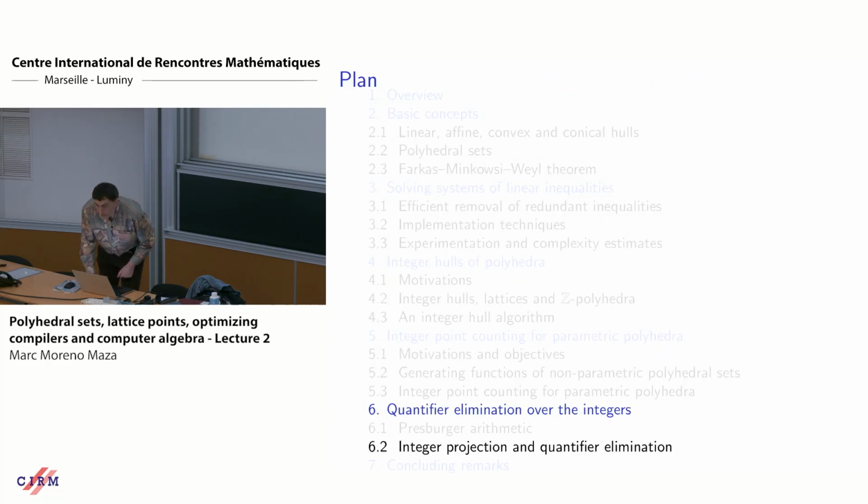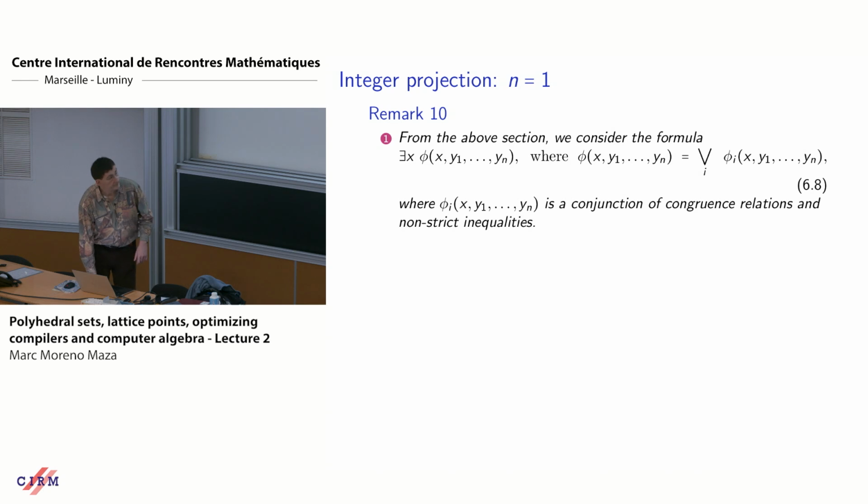So with that in mind, now we will be able to process and put aside the congruences that appear in our Z polyhedron. So remember, this is where we were. So we assume we have one variable to eliminate, and we have a bunch of parameters, y1 through yn.